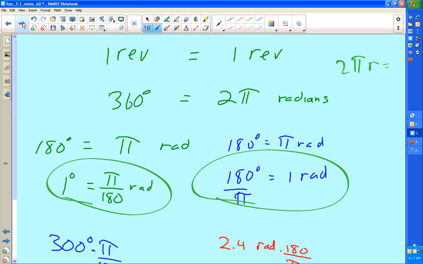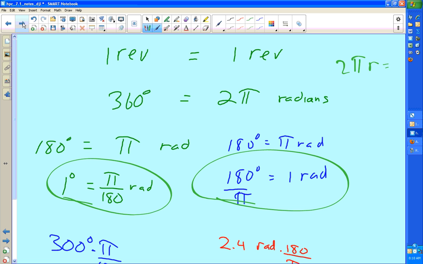If you want to know what 1 degree is in terms of a radian, we divide both sides by 180, so 1 degree equals pi over 180. And if you want to know what 1 radian is equal to in terms of degrees, you divide both sides of the equation by pi, and 180 over pi is 1 radian.